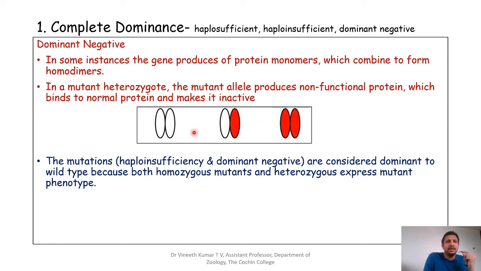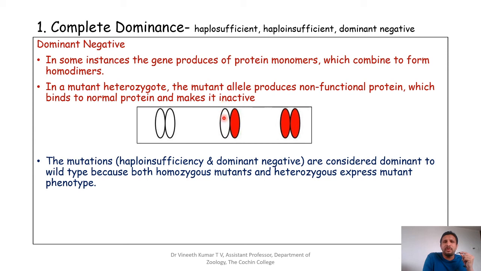In the normal one, the monomers combine together, they form a dimer, and that dimer functions normally. But here, rather than the non-functional protein being functionless, or rather than it not being attached to the functional protein, this monomeric unit comes and binds to the functional monomeric unit and renders it inactive.